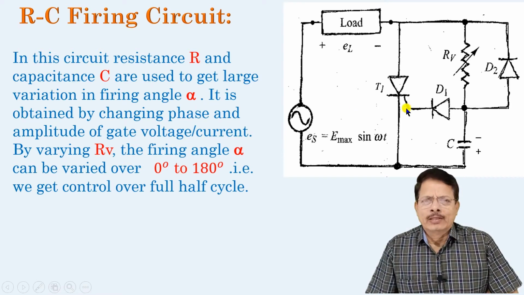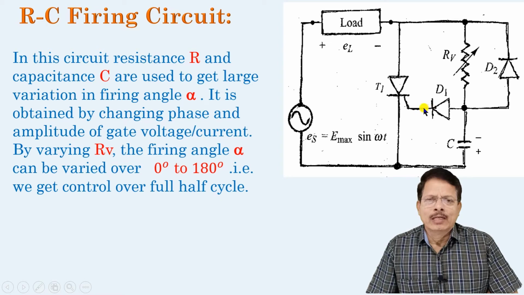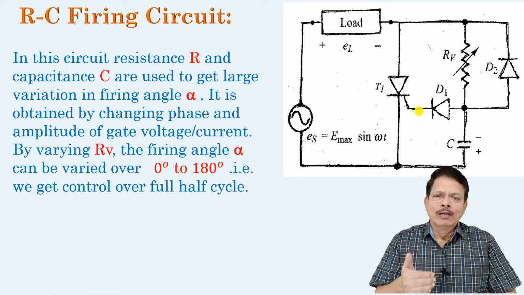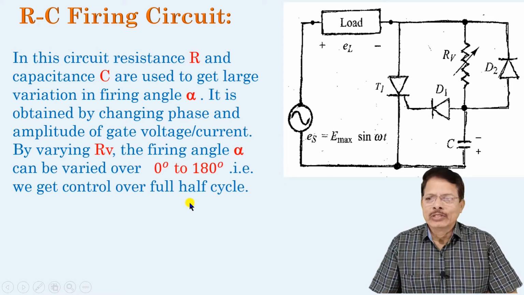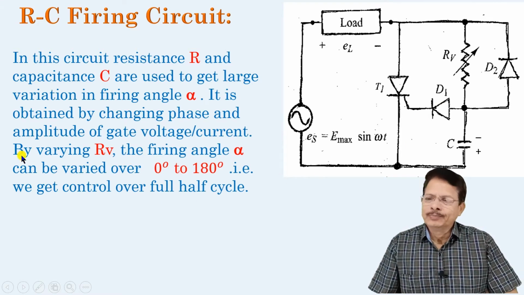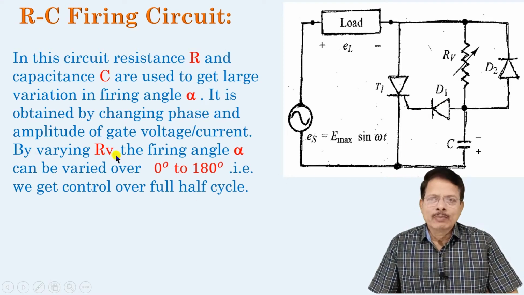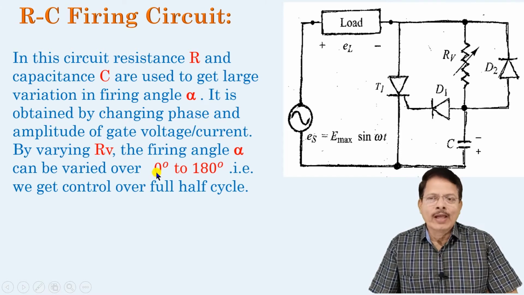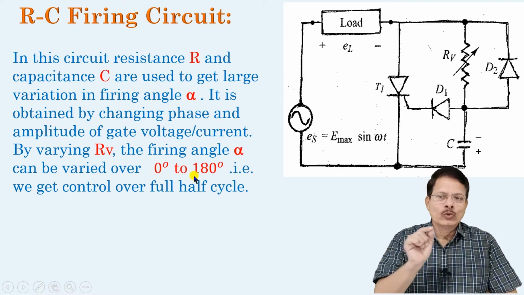The gate voltage and gate current, their amplitude and phase, whether earlier or a little late, can be decided. And how to vary this? Just by varying this variable resistor RV in the circuit, we are able to vary the firing angle right from 0 to 180 degrees.